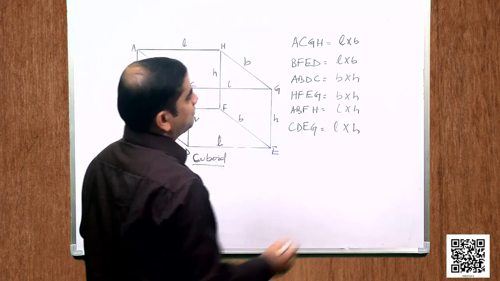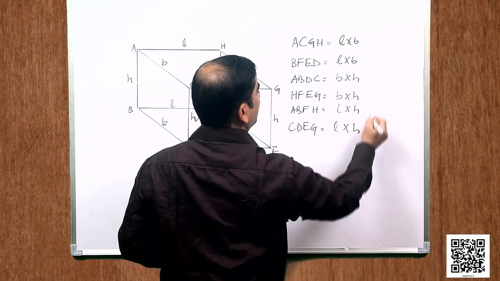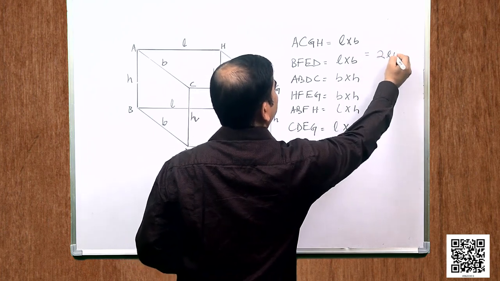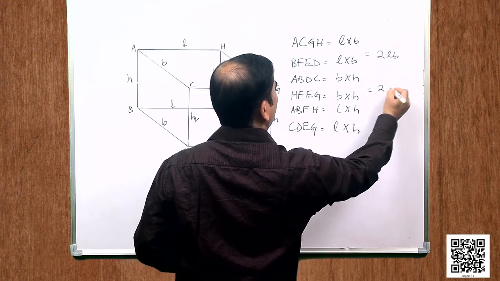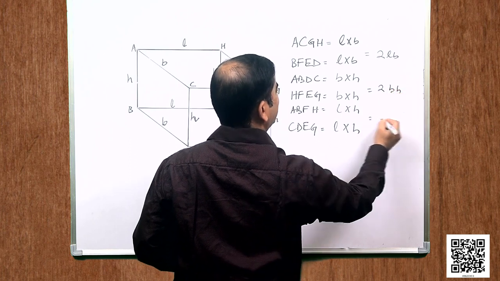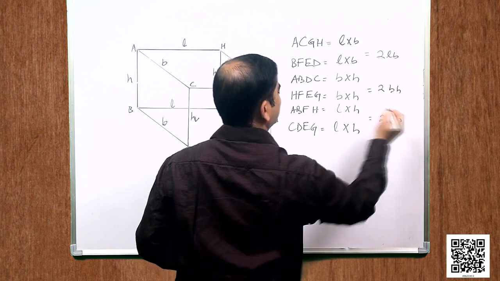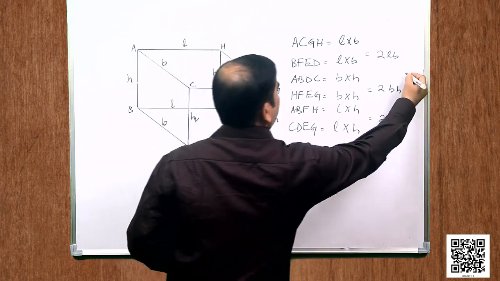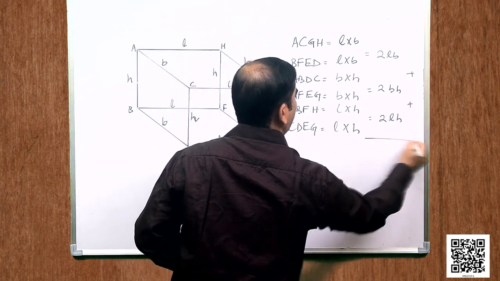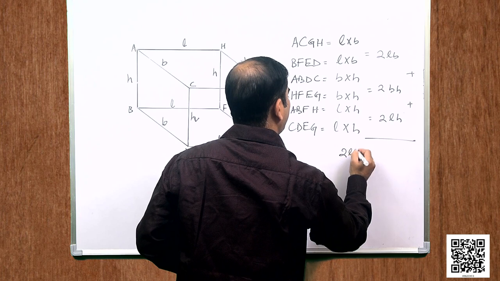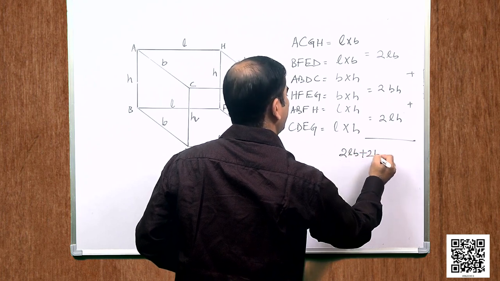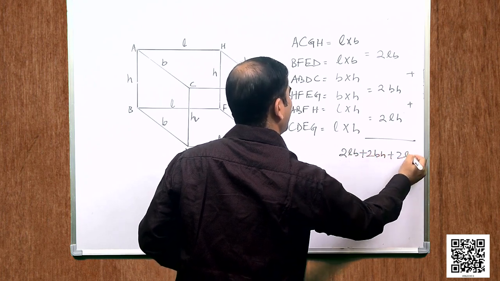So from here you can see that when we sum up this, it is 2LB, 2BH and 2LH. So when I add all the areas, I get 2LB plus 2BH plus 2LH.